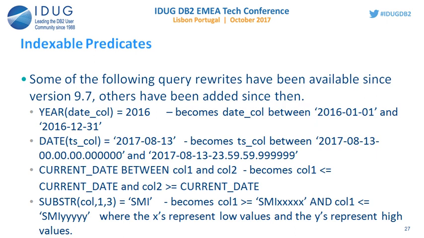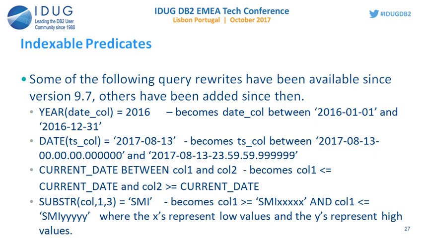If you want to get the year from a date column, it becomes date column between January 1st of that year and December 31st. Similarly with a timestamp.